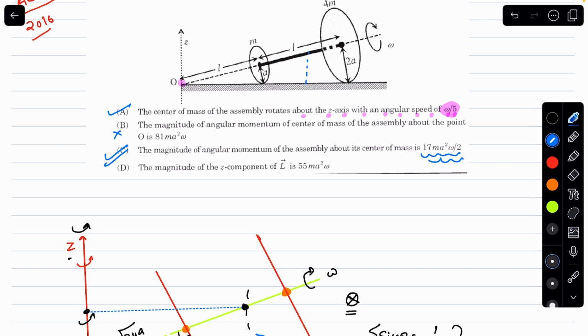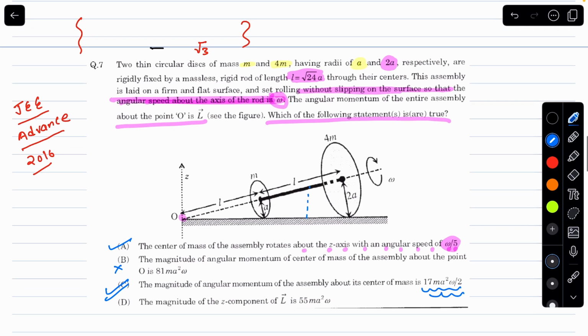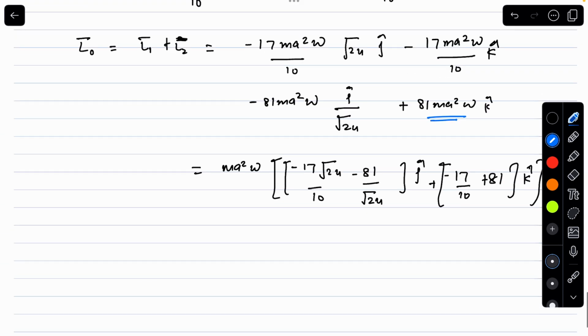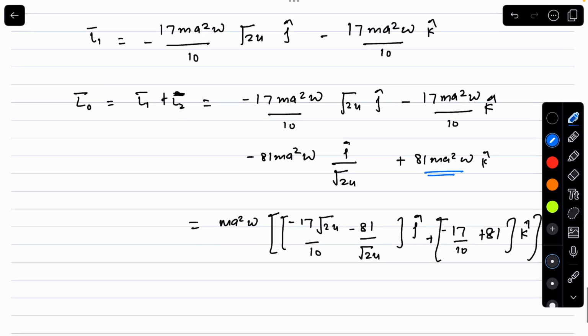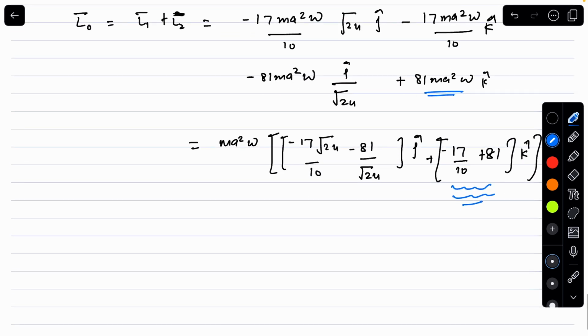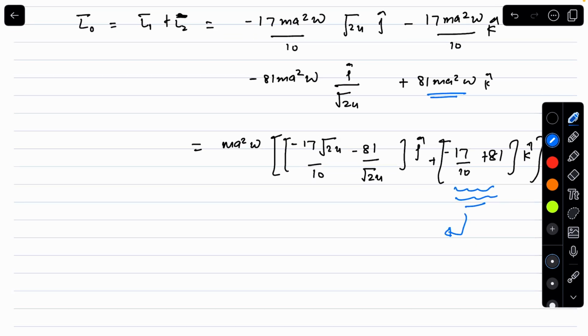Next, the magnitude of the z component of the L vector. They have said that the L vector is basically the angular momentum about the O point. So we need to again go to this answer and just look at the z component. This is the z component, right? Let's just simplify the z part. So minus 17 by 10 plus 81, that becomes 810 minus 17 divided by 10, so that value is 793 divided by 10, and then there is ma square omega.